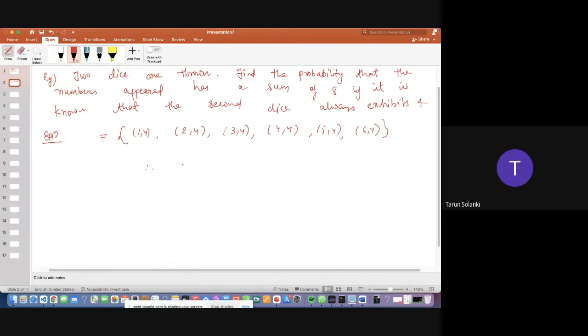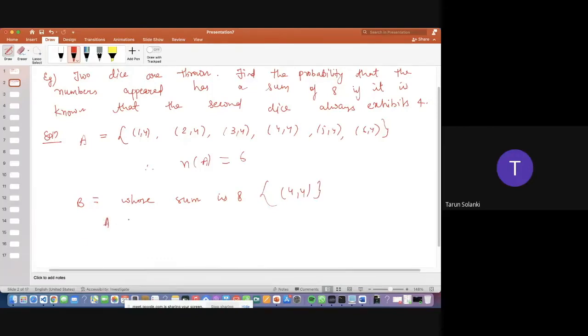So we can show n of A is 6, and this is for the event A. Similarly for B, the occurrence of such numbers on both dice whose sum is 8, that means 4 comma 4.